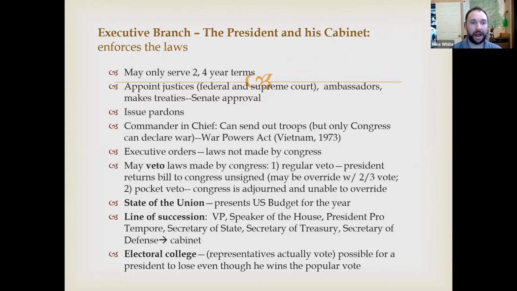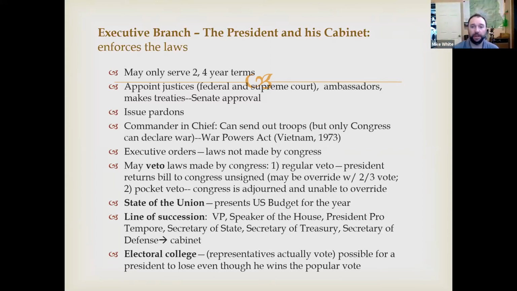Some of their powers, or the things that the president can do. The president can appoint justices. So we're talking about judges, court justices. And again, that is for the Supreme Court. So if there's an opening on the Supreme Court or any federal court post, those judges are all appointed by the president.